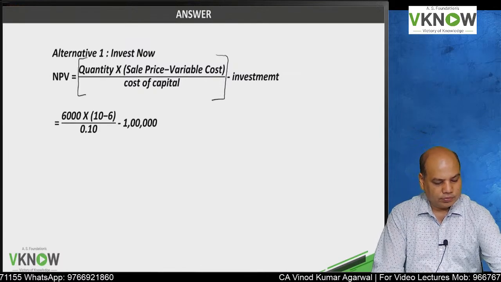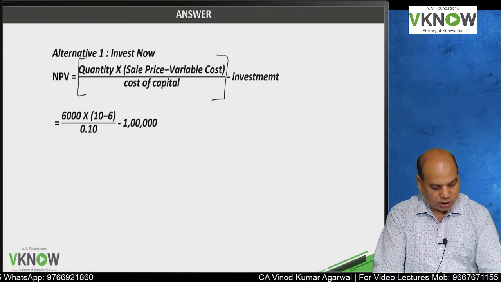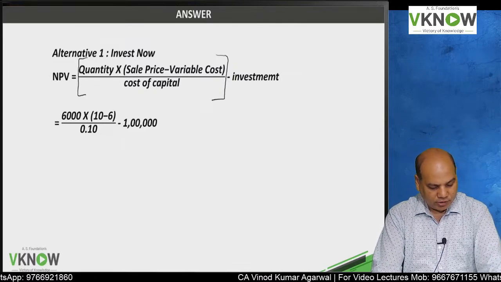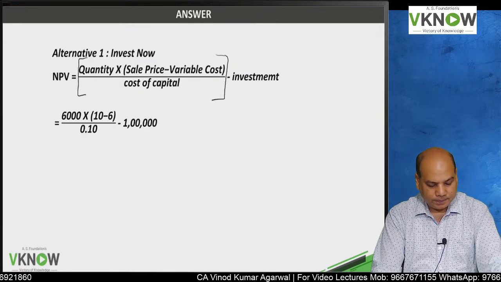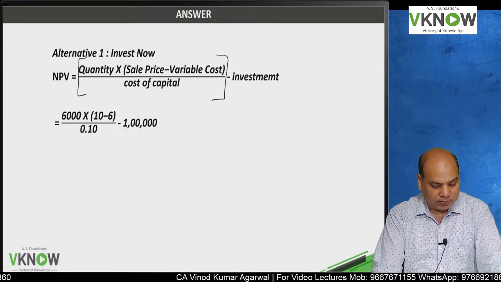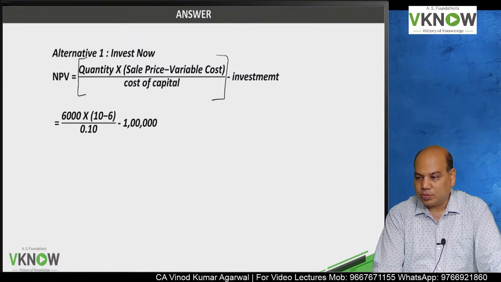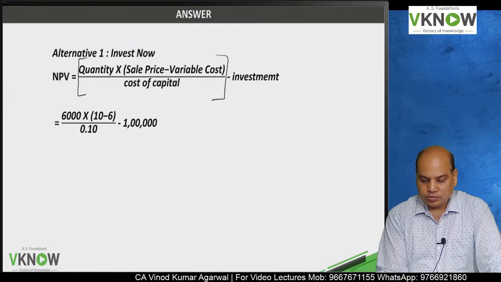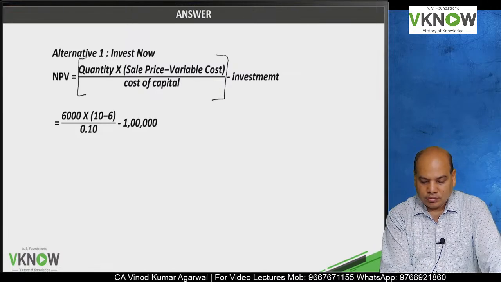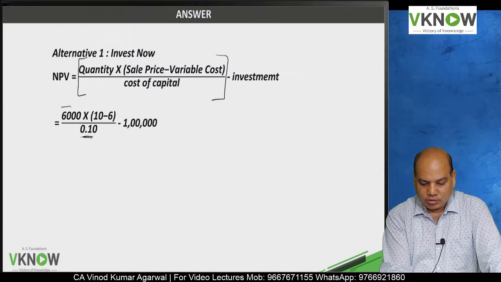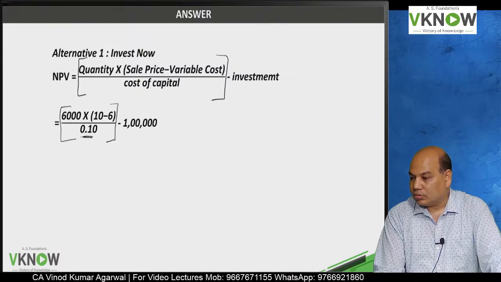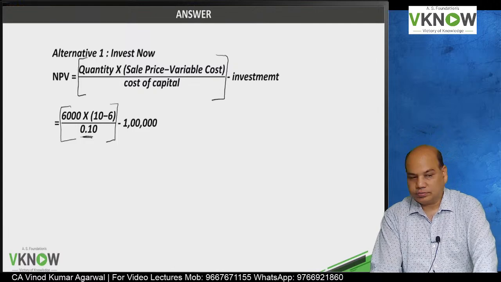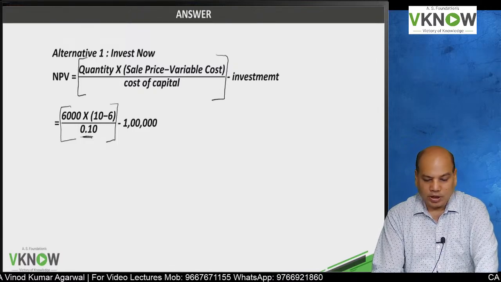Question is in front of you. If you start manufacturing now, you can sell 6,000 quantity into bracket 10 rupees selling price minus 6 rupees variable cost. So that is your annual contribution divided by 10% cost of capital. This will give you PV of perpetuity minus 1 lakh. Answer please. Come on student, reply.